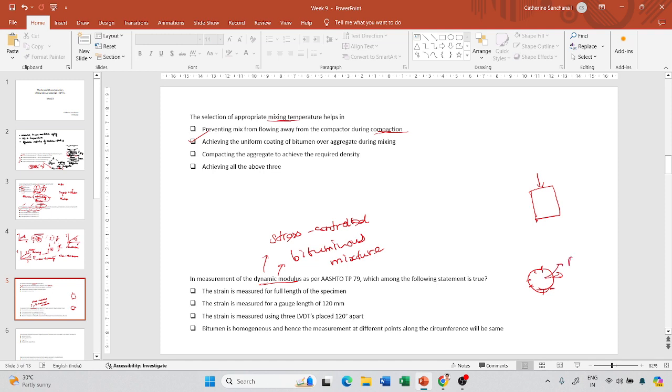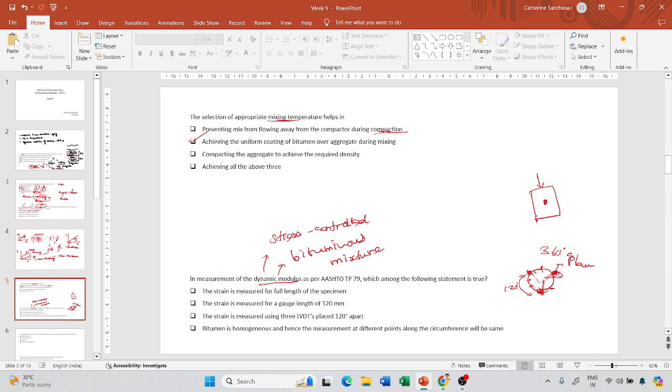So this is the plan view, the top view. You cannot simply measure the deformation at just one point and calculate the modulus of the material. You have to have 3 points to measure the deformations, and they should be 120 degrees apart, so totally it is 360 degrees.